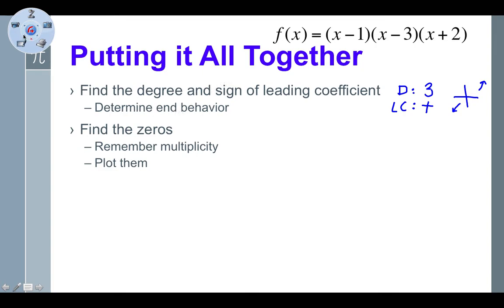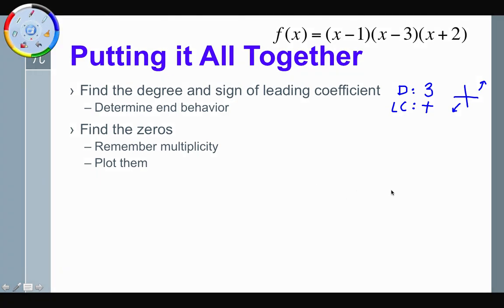Then we're going to find our zeros, and we're going to plot those zeros. So we get x equals 1 and 3 and negative 2.